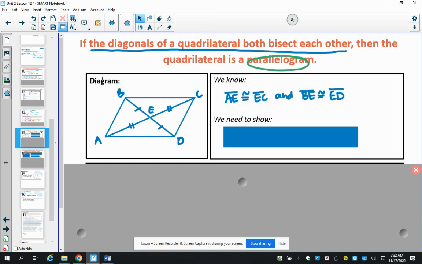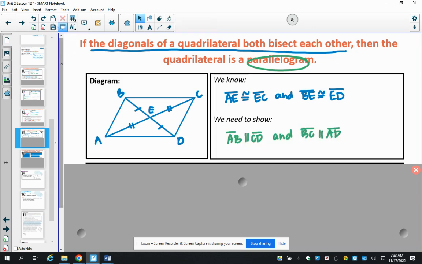So what do we know? AE is equal to EC, BE is equal to ED. And what are we trying to show? That those opposite sides are parallel. So this is going to be similar to the last one where we're going to need to prove some sets of triangles are congruent here.